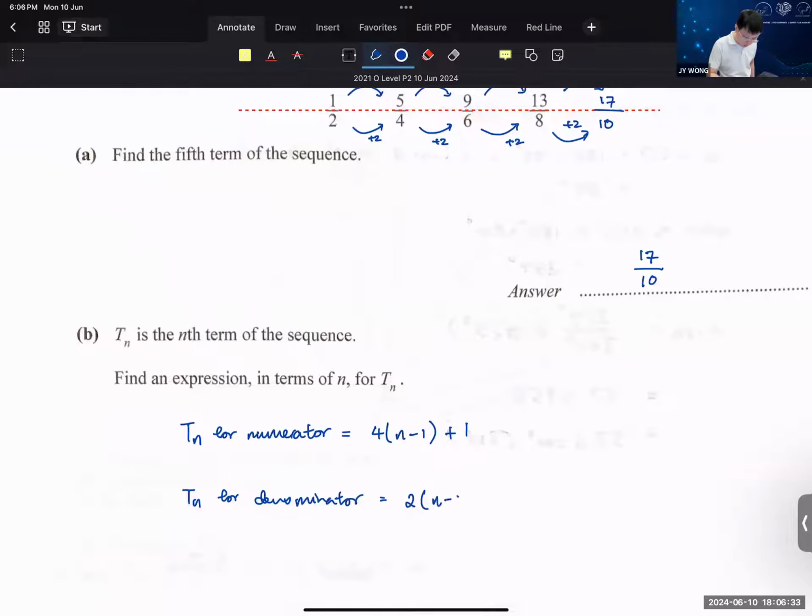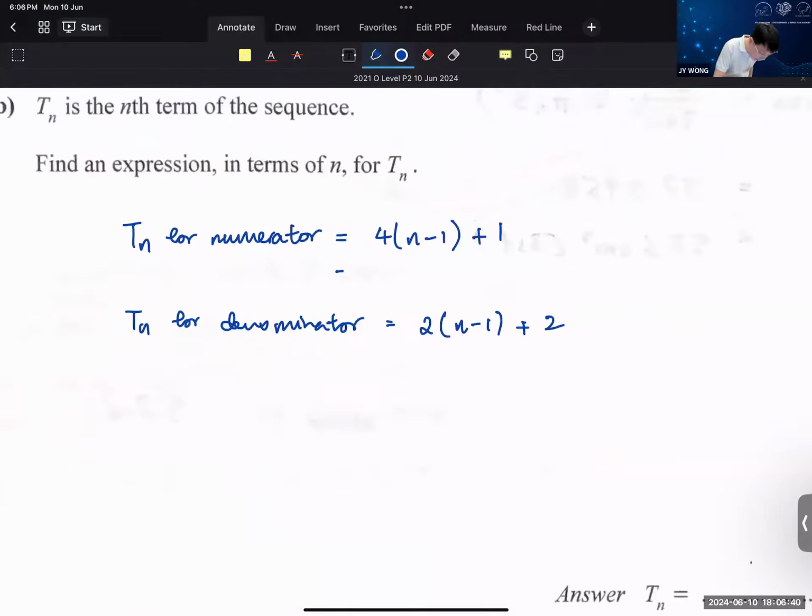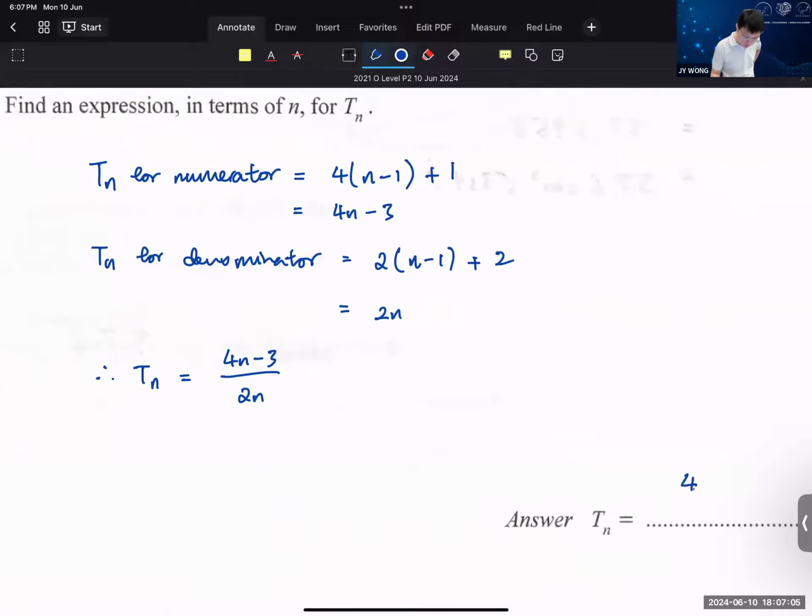So 2 times n minus 1, but your first term is 2 also. You must simplify, so we shall go ahead and simplify. 4n minus 4 plus 1 is 4n minus 3. Then 2 times n minus 1 is 2n minus 2 plus 2 is 2n. Correct? Therefore, your overall Tn is just equal to 4n minus 3, which is your numerator, over 2n, which is your denominator. That's how you express the answer.